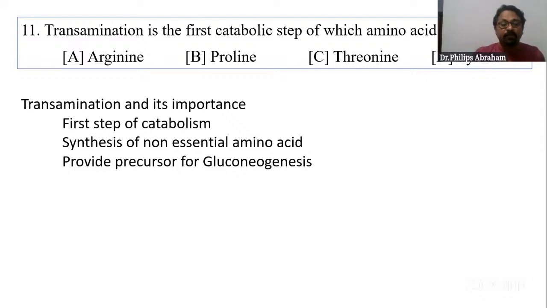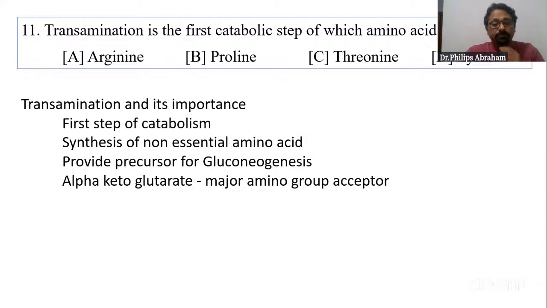So another significance is that it provides precursors for gluconeogenesis. And in most transaminations, the compound that gets the amino group is alpha-ketoglutarate. When you transfer the amino group from an amino acid, there should be something to accept it. The major acceptor is alpha-ketoglutarate, because it can undergo deamination at a faster rate.